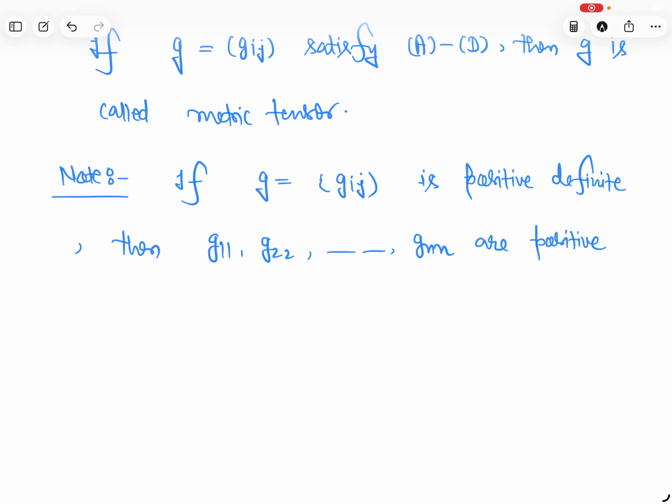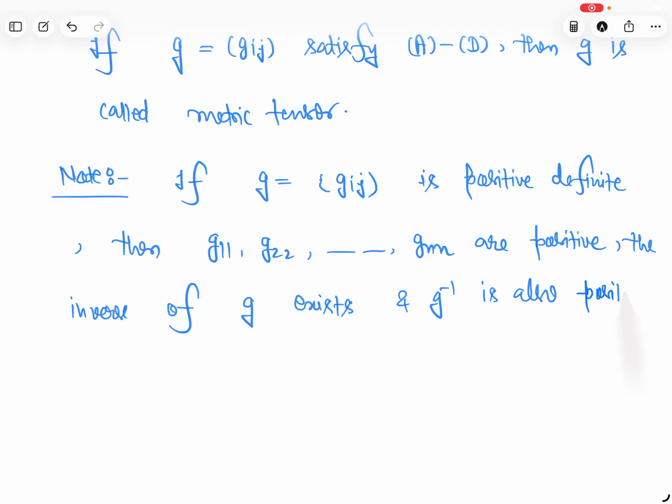The inverse of G exists and G inverse is also positive definite.